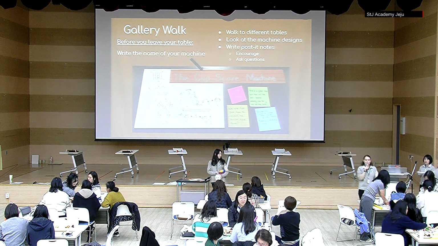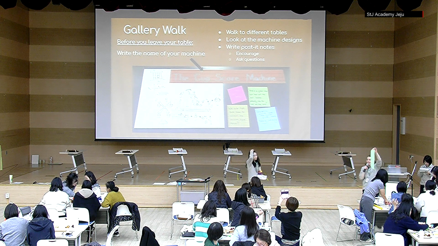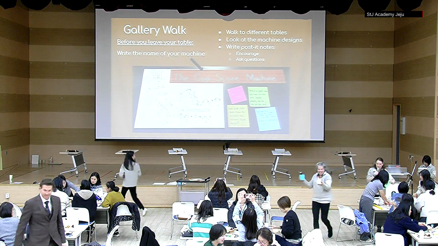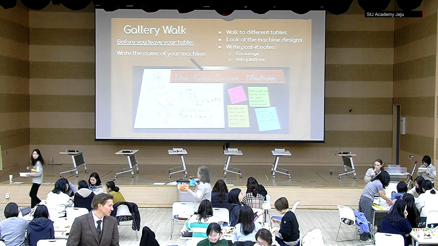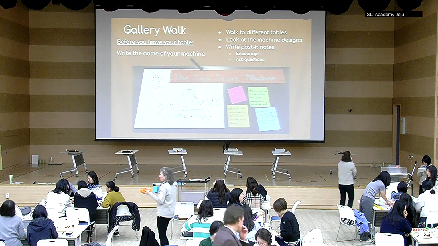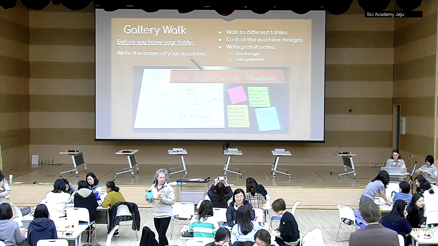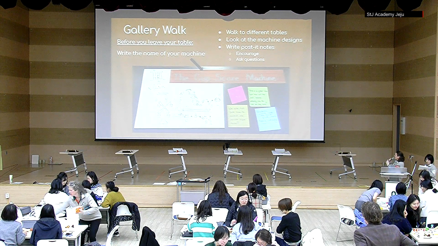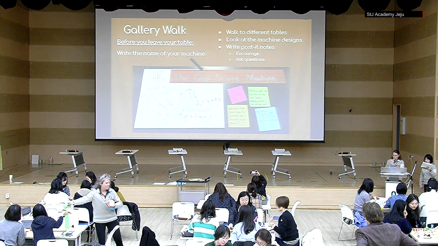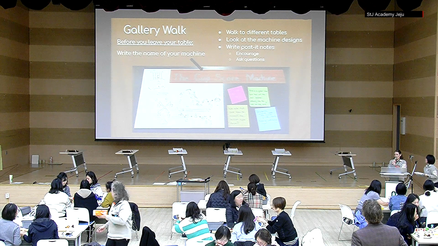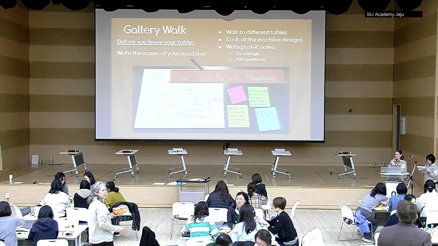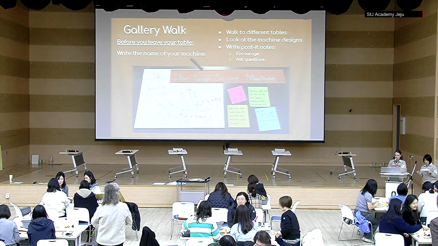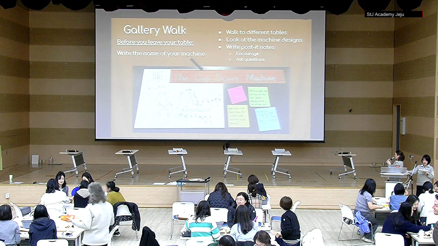We would like you to write the name of your machine on your sentence strip so others know what your machine does. So, for example, that one says the cup score machine. Maybe you had the balloon pop machine, the trash monster machine.